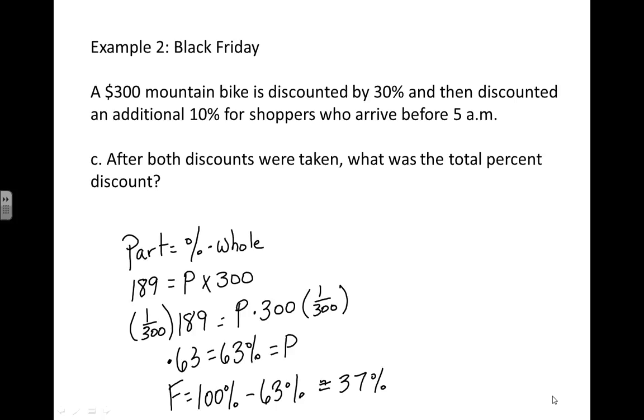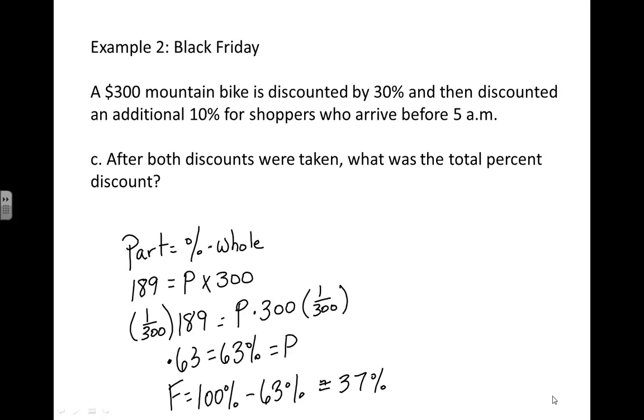Let P be the percent the sales price is of the original price, and let F be the actual final discount as a percent. You have in mind part equals percent times whole. We have 189 equals the percent times 300. Multiply by 1 over 300 to get rid of that 300 on that side.